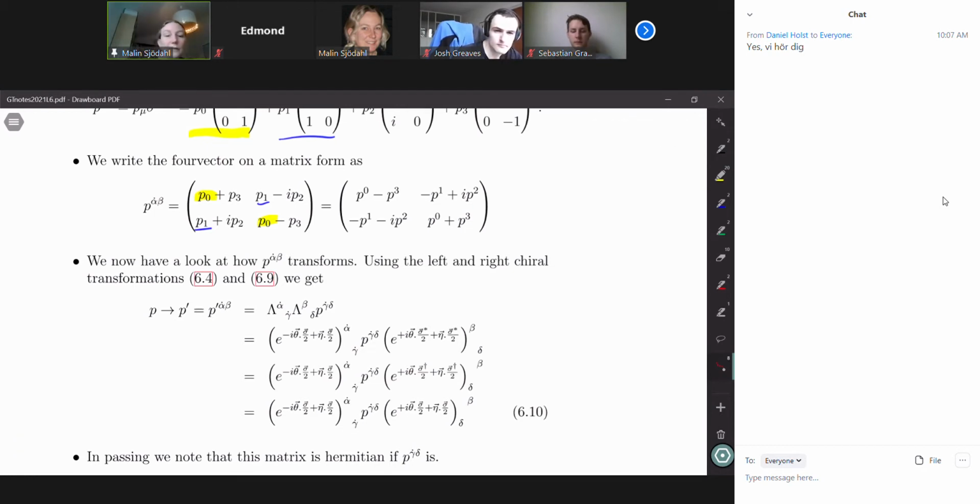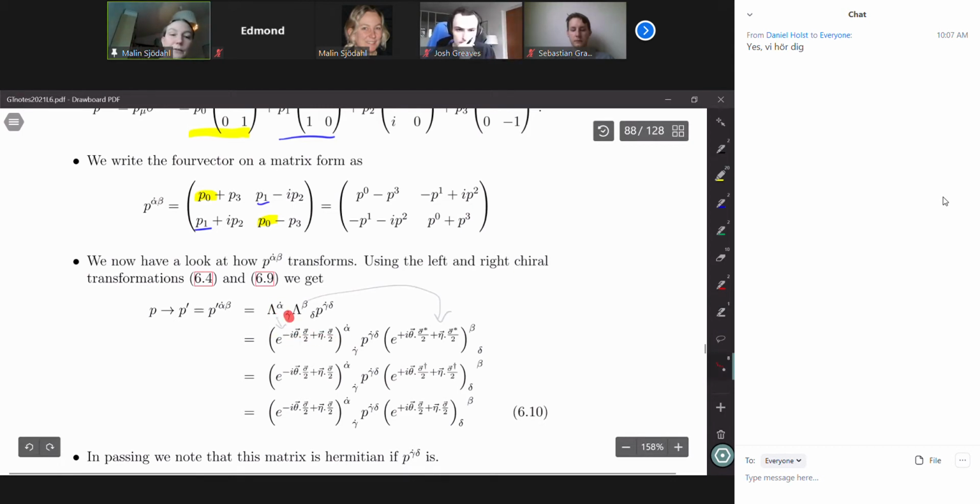Okay, so I write my first matrix, it goes here, and my second matrix, it goes over there. So what is done in the first part of the expression here is just that I insert the form of lambda alpha dot gamma dot. Since this has a lower gamma dot, it should act on something with an upper dotted index.